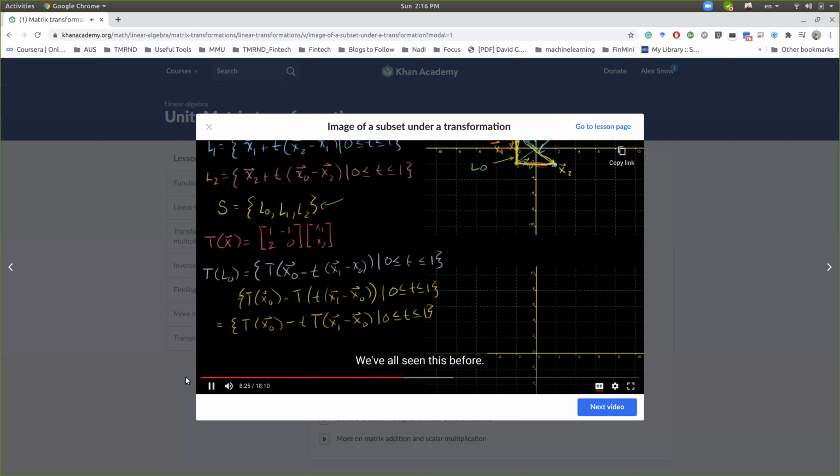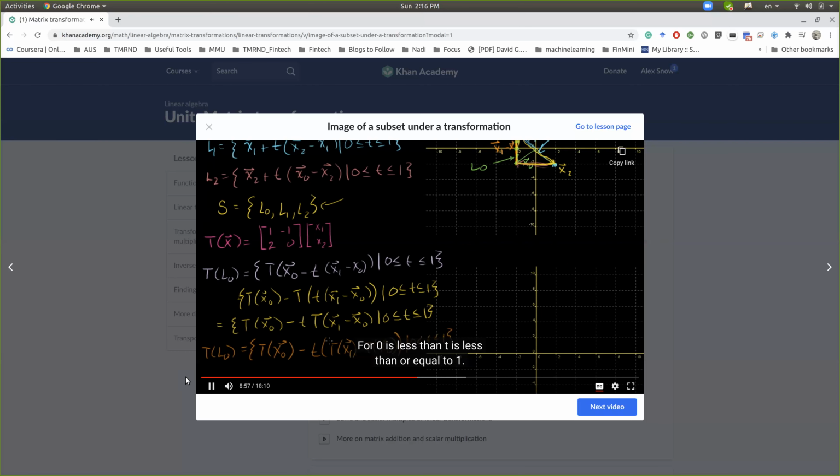We've all seen this before. So the transformation of our first line, L naught, is equal to the set of the transformation of x naught plus t times the transformation of x1 minus the transformation of x naught, for 0 less than or equal to t less than or equal to 1.